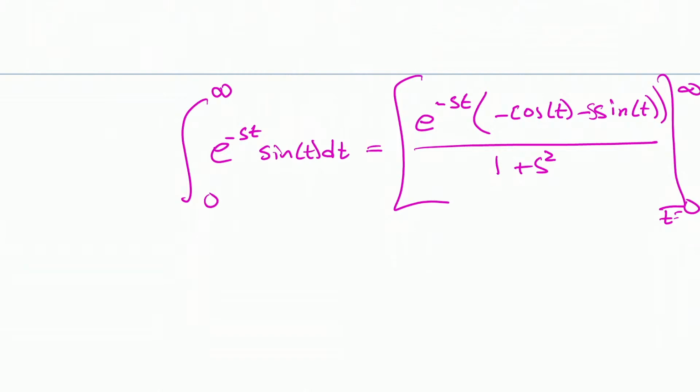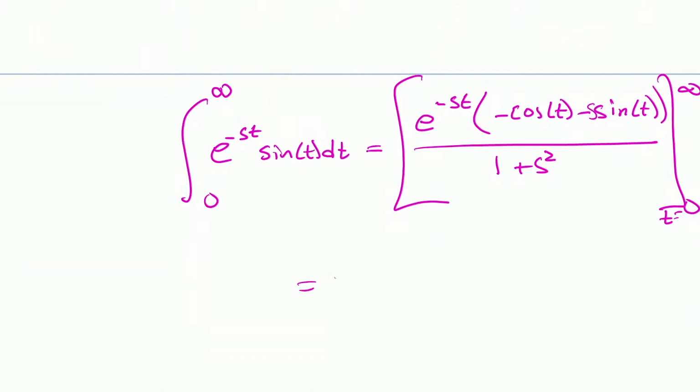This, though, when you take the limit as t approaches infinity, as long as s is big enough, remember we can just choose that s is always bigger than 10 or something, then the limit as t approaches infinity of this whole thing is 0.